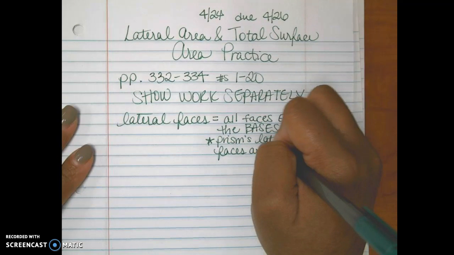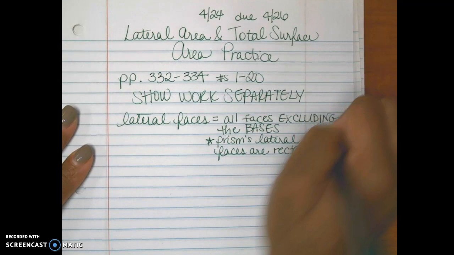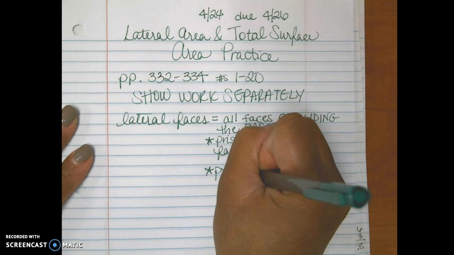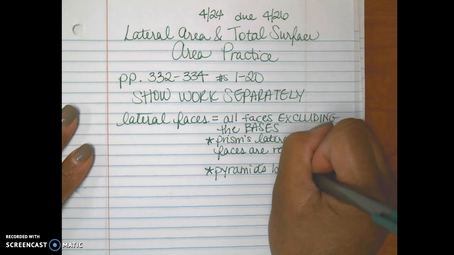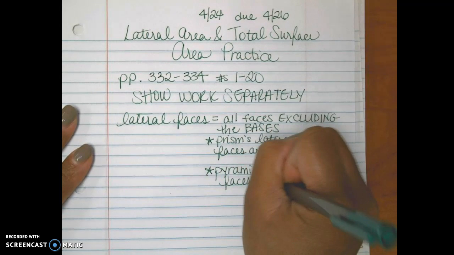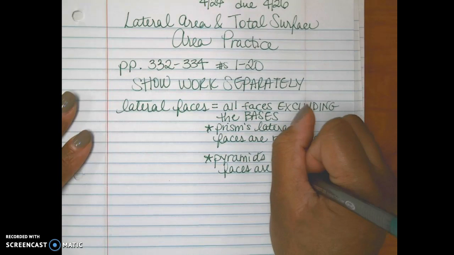Rectangles. If I flatten out a pyramid, pyramids' lateral faces, what are most of those faces going to be? Triangles.